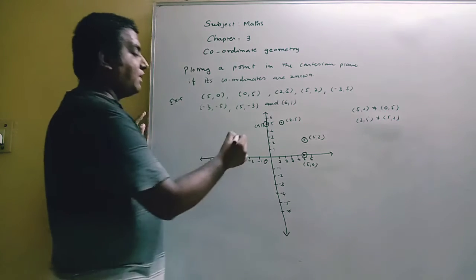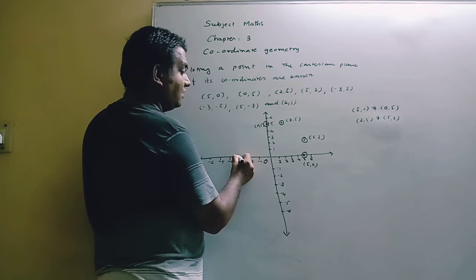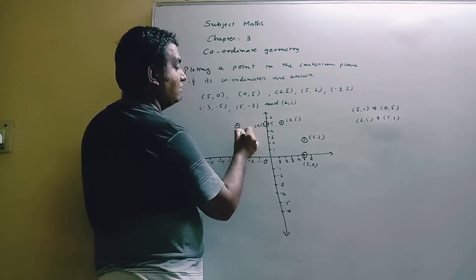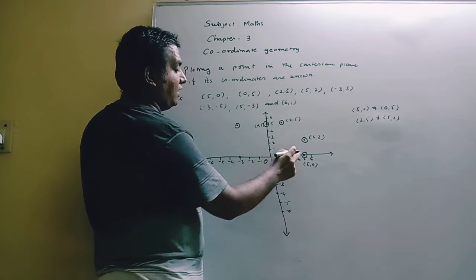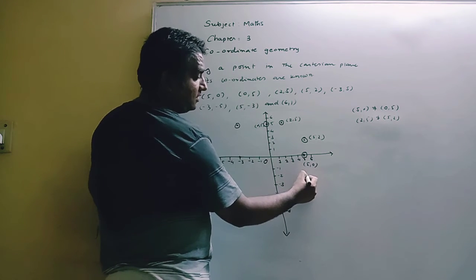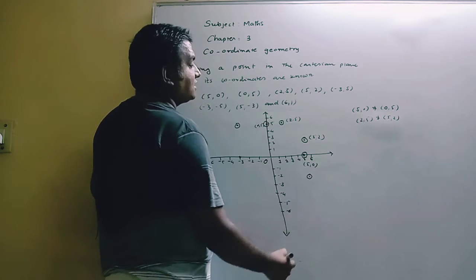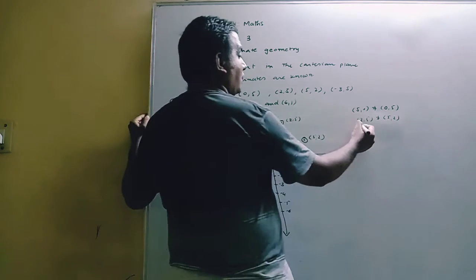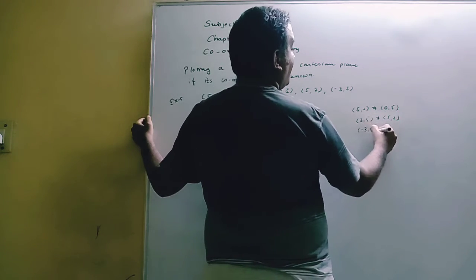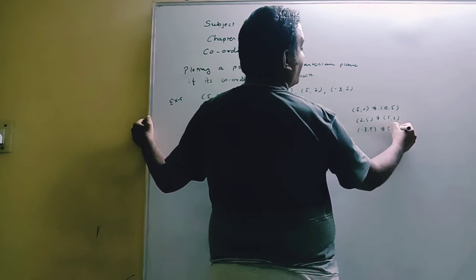Same way x is minus 3 and y is 5, and x is 5 and y is minus 3. So in each condition, if we interchange the x and y coordinates, the points do not become equal.